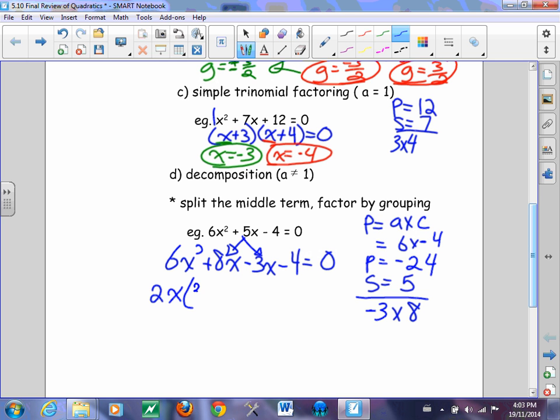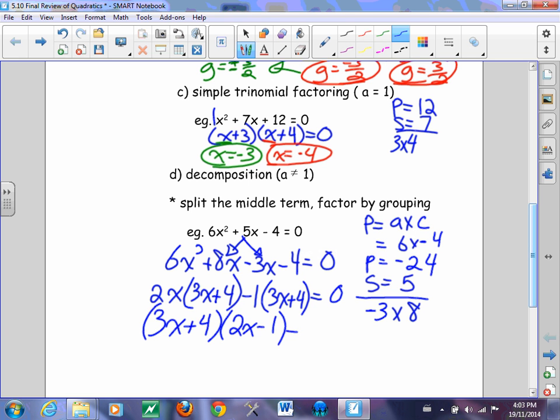So you're left with 3x + 4. Okay. What's common in the second two is a negative 1. So you're left with 3x + 4. Watch your signs, it changes there. Okay. Notice we have a common binomial of 3x + 4. And we times it by our leftovers, which is 2x - 1 equals 0.